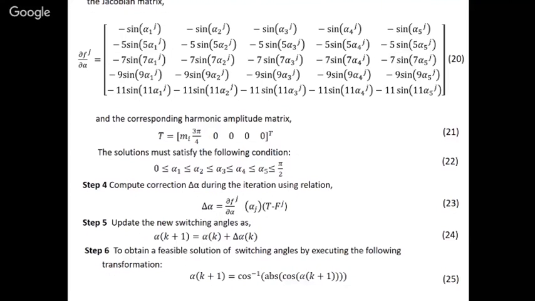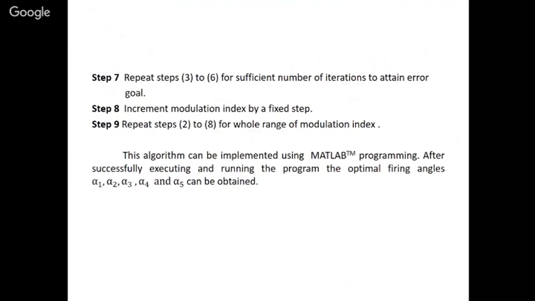So the Newton-Raphson algorithm is the same. The only thing is that here the objective function is different. In this case, this is the objective function. If in your case you have some other equation to solve, you go and put that equation in. The method is the same for every algorithm. Then you go on solving until the error is minimum, like until your THD becomes 0 or minimum.